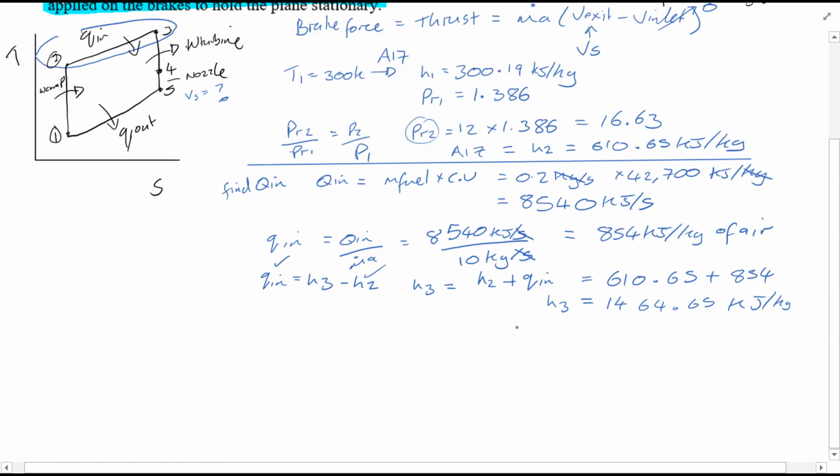Now interpolating this value using table A17, we can find the value of PR3, which is equal to 396.27.